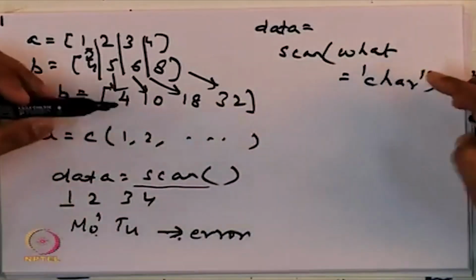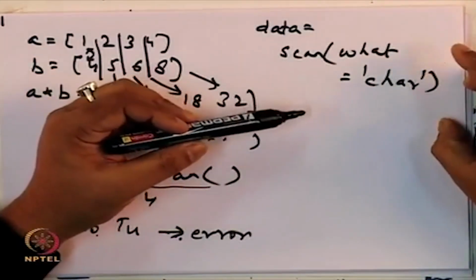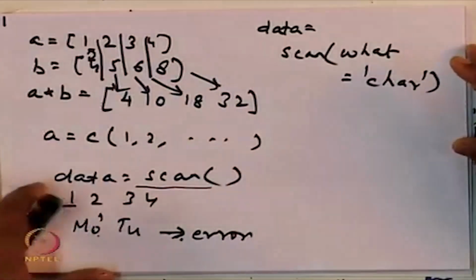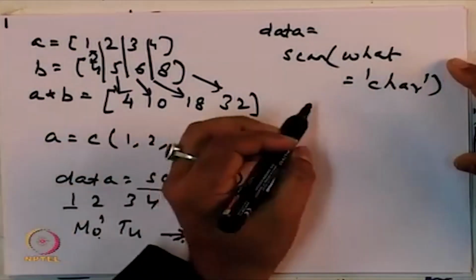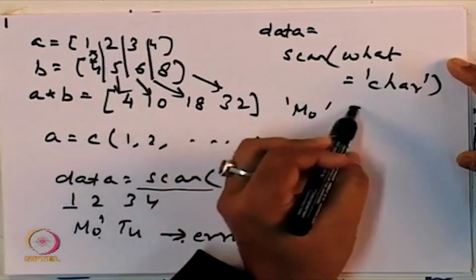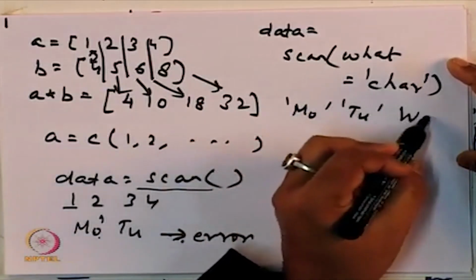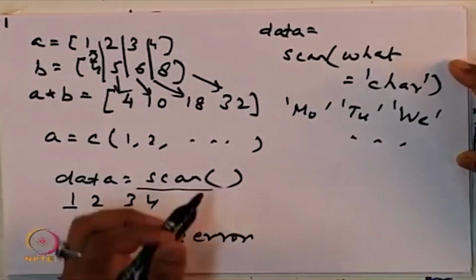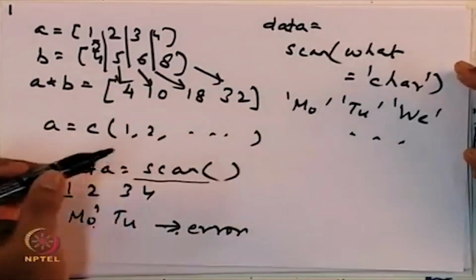Then the software knows that you are entering characters. So if you enter month, you have to write it within quotes, Monday, Tuesday, Wednesday, and so on and so forth. Then it will automatically take it.